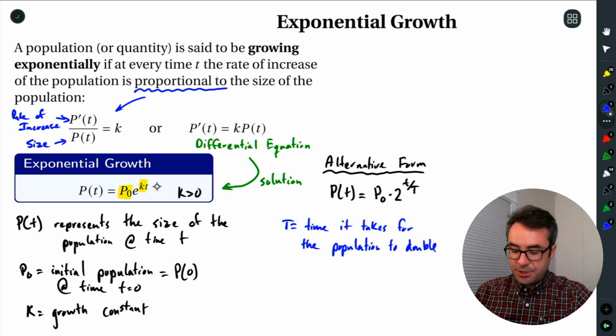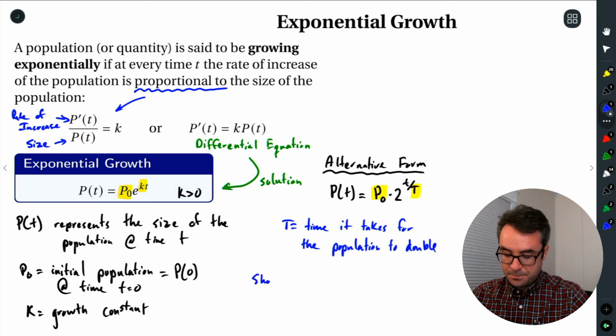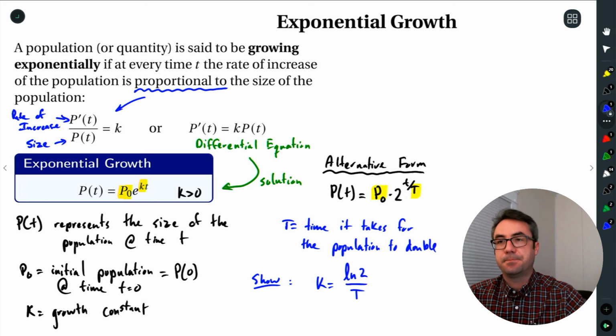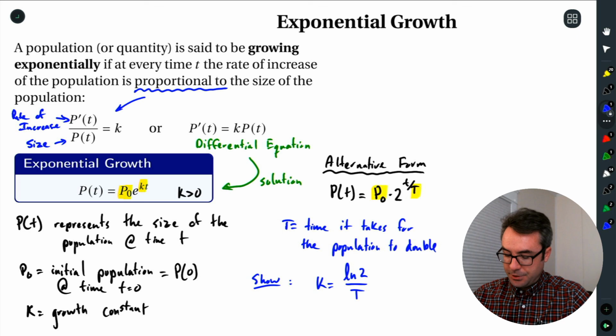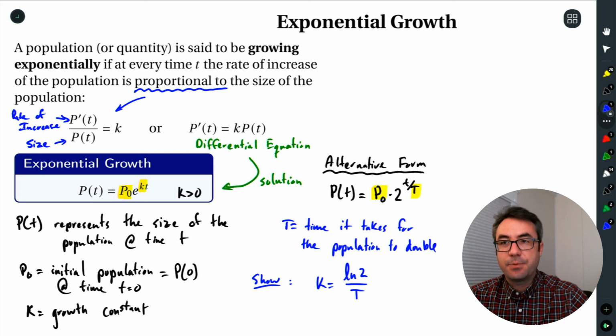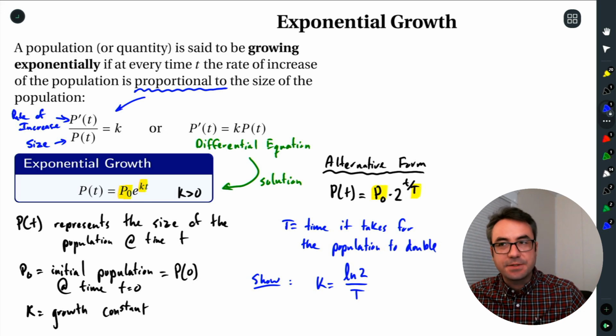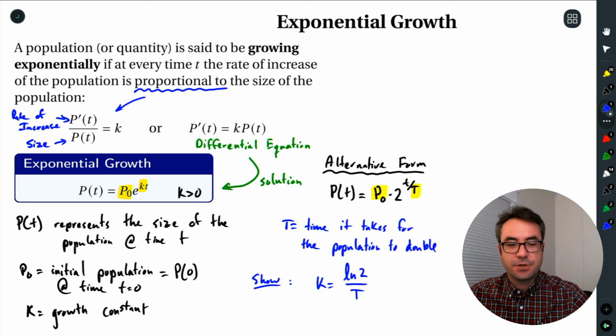And so there is a relationship between k and this value capital T. You can show that k is equal to the natural log of 2 divided by capital T. So you could try plugging this value in for k and then using the property of e and natural log, and what you would see is that e and natural log would cancel, and you would end up with this alternative form.